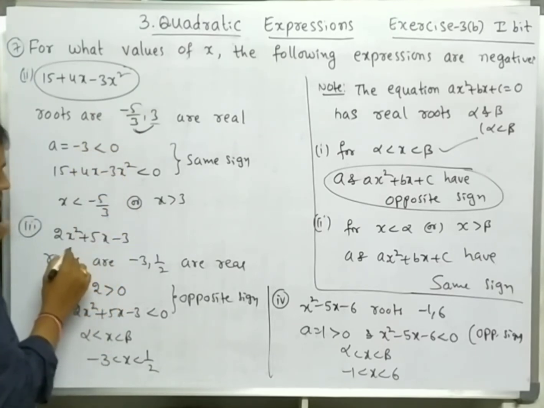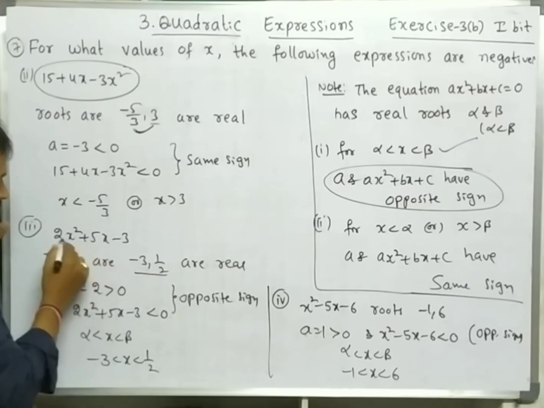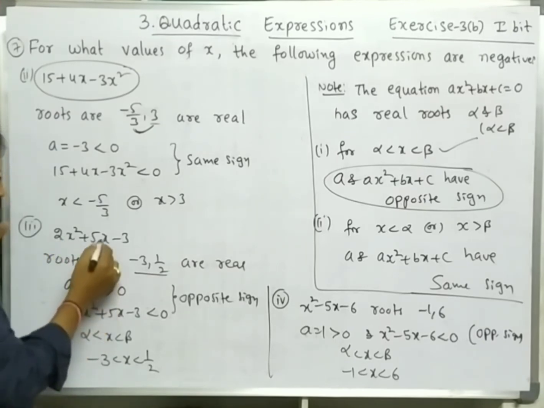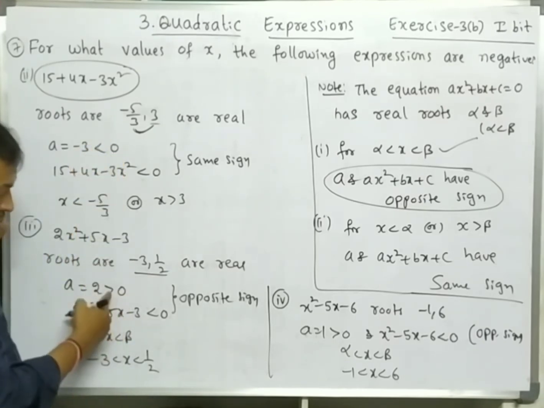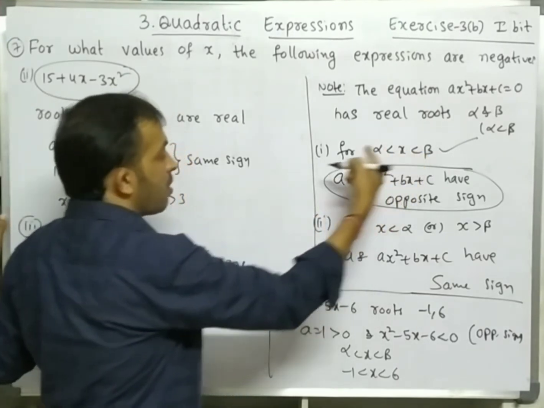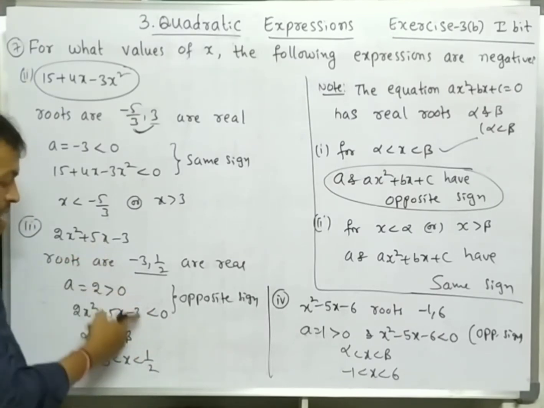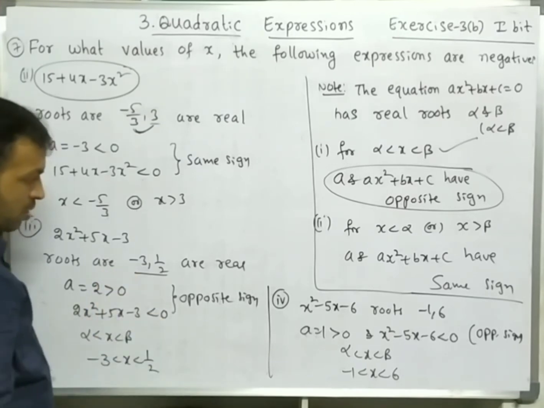Okay, similarly the next problem, the roots are minus 3 comma 1 by 2. Here the a value is 2. The quadratic expression should be negative. Both have opposite sign. So when is it possible? x lies between alpha and beta. x lies between -3 and 1 by 2. For other values it is positive.